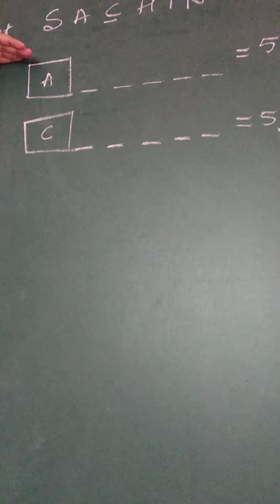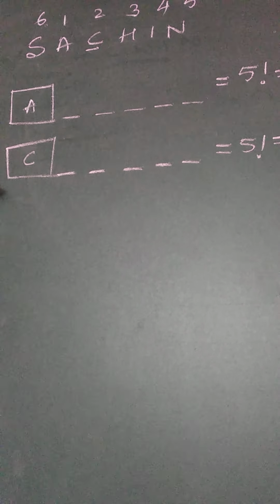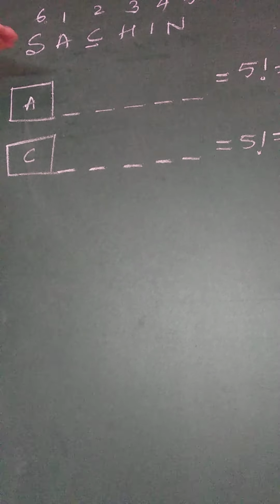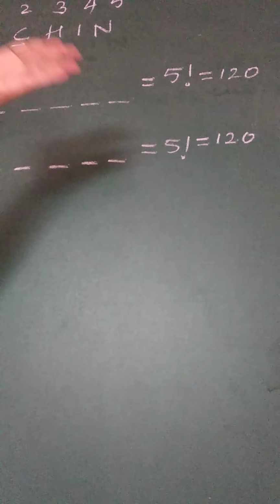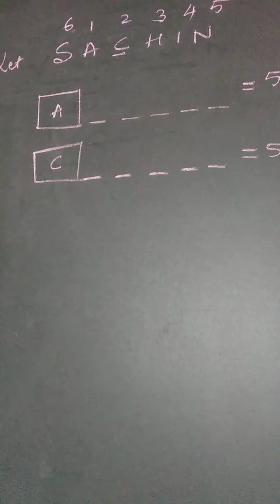So there were 120 words beginning from A in which there was no Sachin, and there are yet again 120 words beginning with C, with no Sachin that I am searching for. Means from 1 to 120 plus 120, 240 words are exhausted, but there is no Sachin yet.